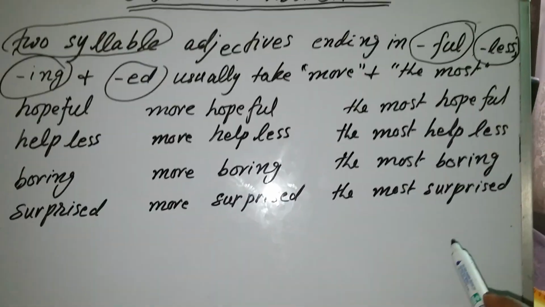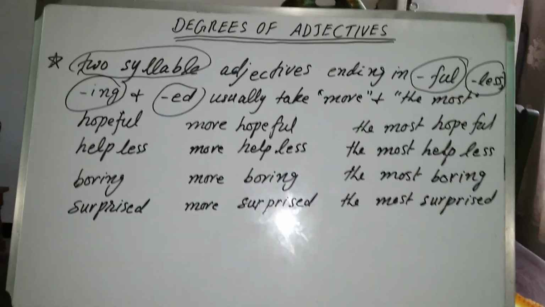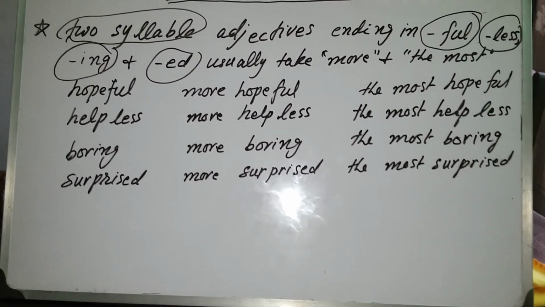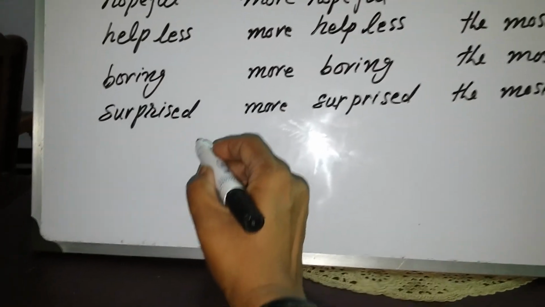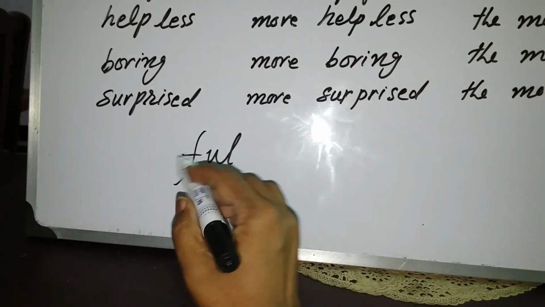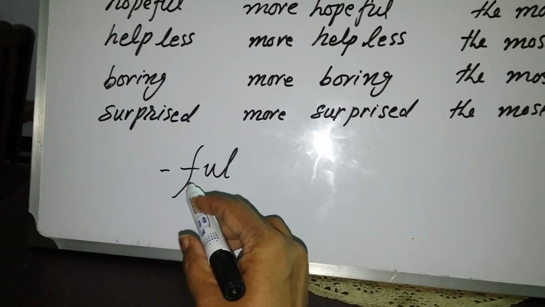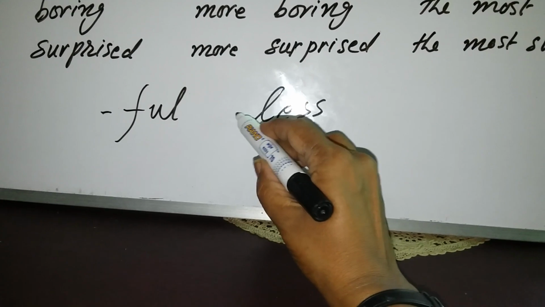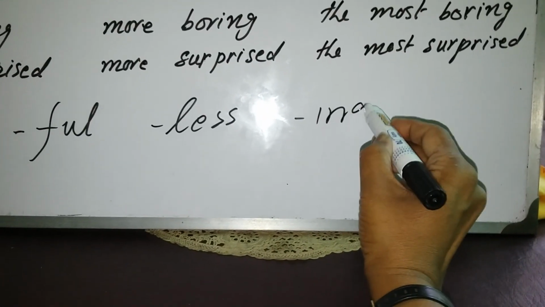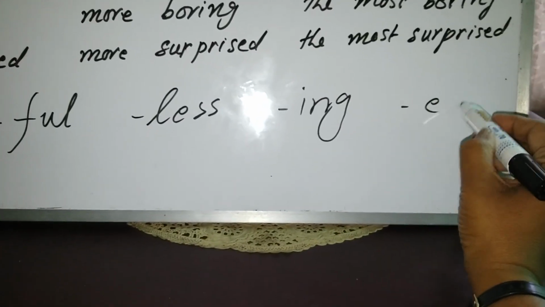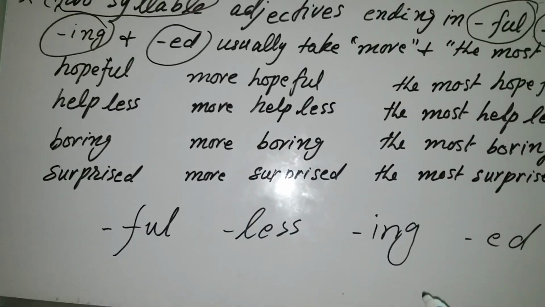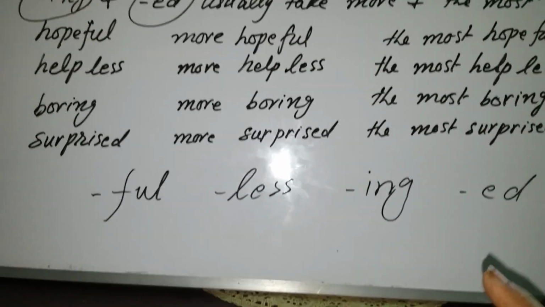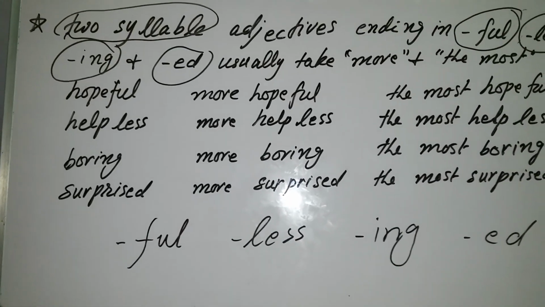So always remember, all those 2 syllable adjectives which end with ful, less, ing or ed, you will use only more and the most before them for converting them into comparative and superlative degree.